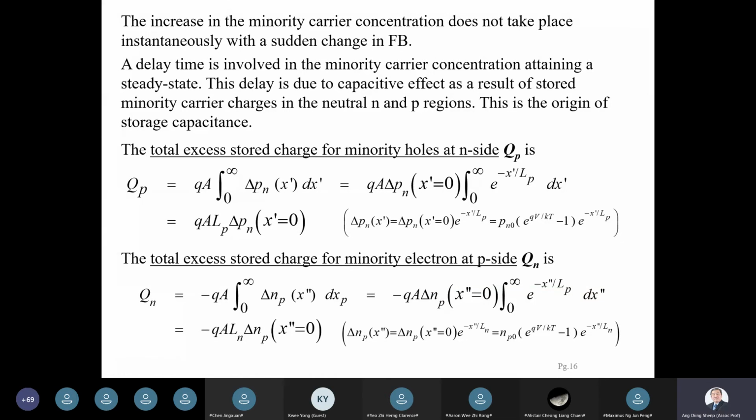So how do I get an expression for CS, the charge storage capacitance? I need to get the total excess minority carrier charge stored, which is essentially the summation of QP and QN. Now QN is a negative term because of the negative charge associated with the electron. When we sum QN and QP, we take the magnitude of QN.